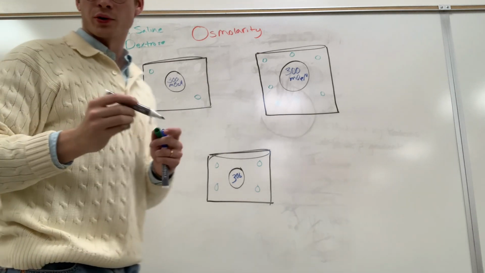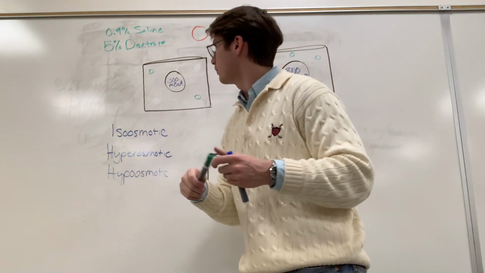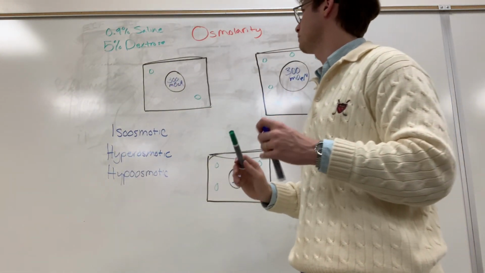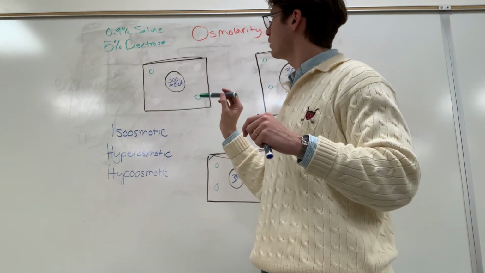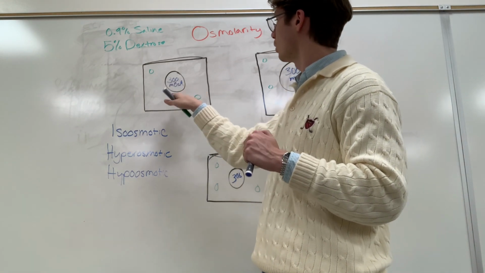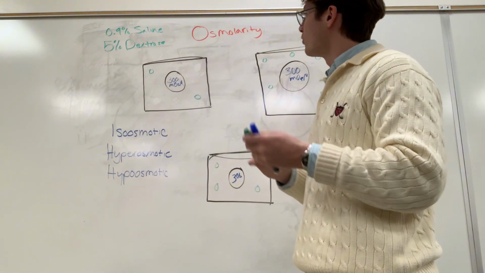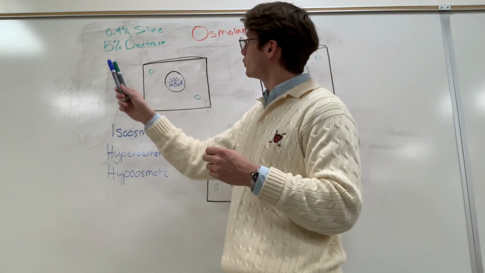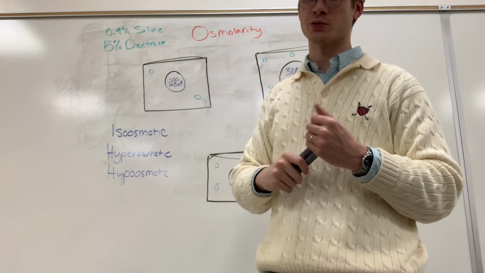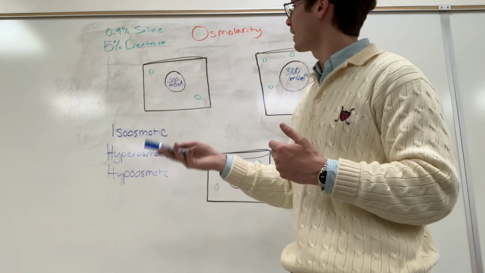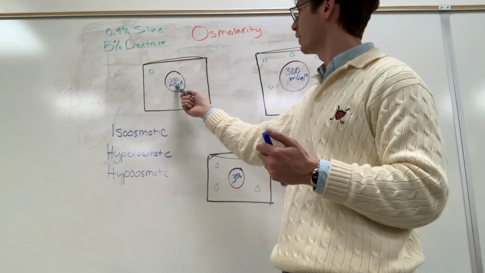Okay, and it's important, these default numbers that we have, the 5% and 0.9%, equal the 300 osmolar that our cells have. So if we were to use, say, a 2.5% dextrose, what that means is we're using half of 300.